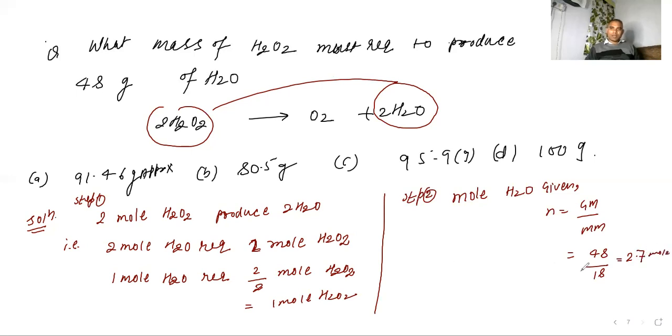Okay, yeah. That means we would try to find the mass of H2O2. So H2O2 is equal to 2.7 moles. And then number of moles is equal to given mass over molar mass.